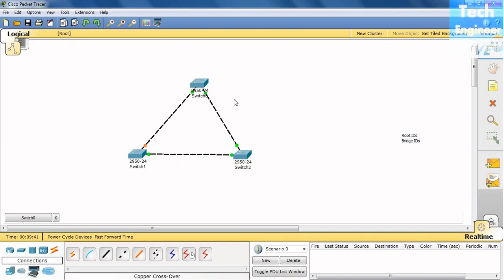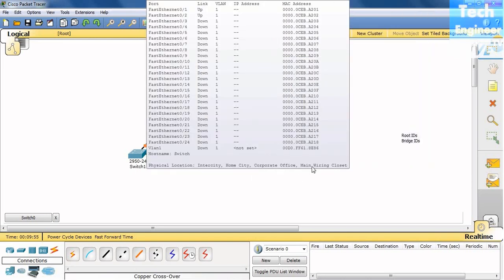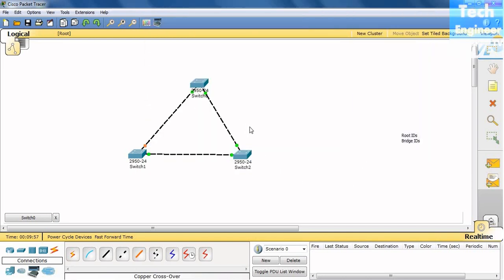They also accept packets, but they forward them too. If this switch is the root, then packets are sent from this link and from this link. These are the root links, meaning directly connected to the root.